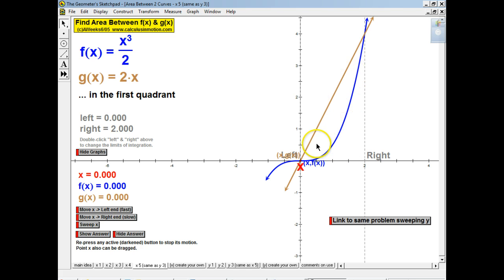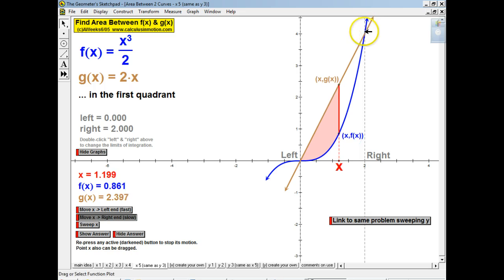So if we want to find the area of the region between these curves, we would take the area of the line and subtract out the area of this curve of x cubed divided by 2. And that's exactly what we're going to do. So here's our region, and we want this area here.